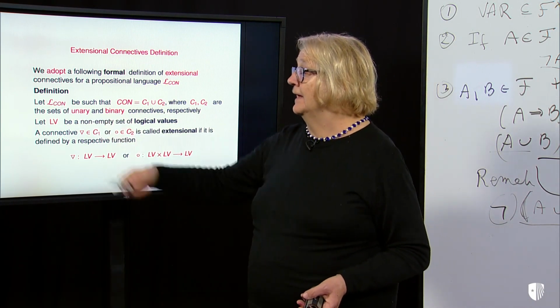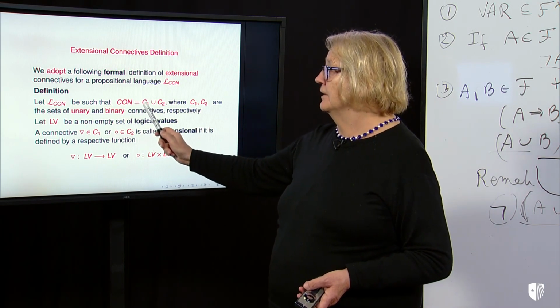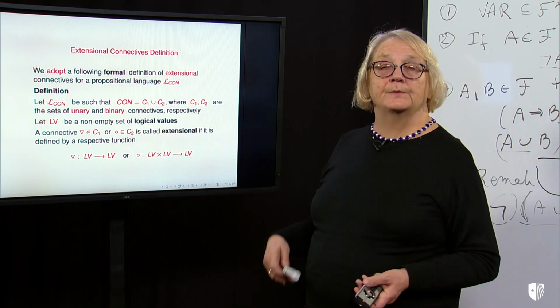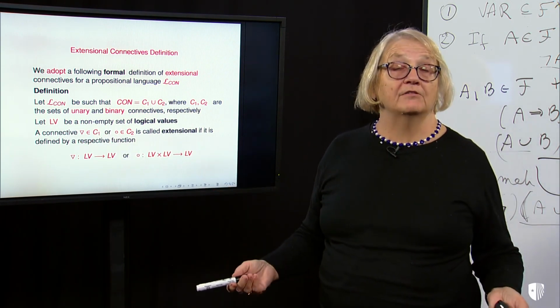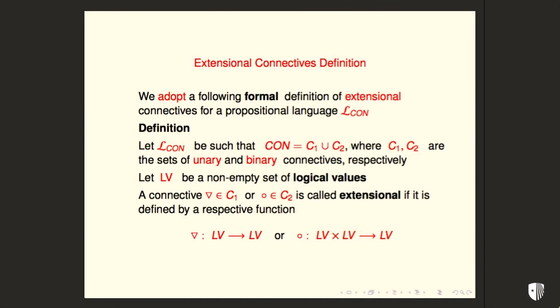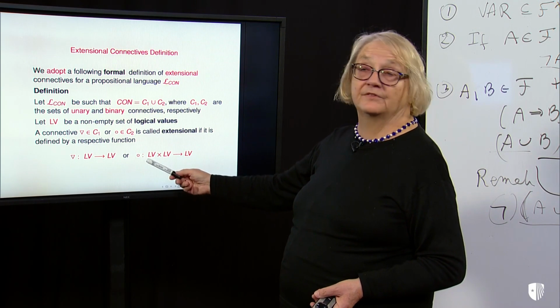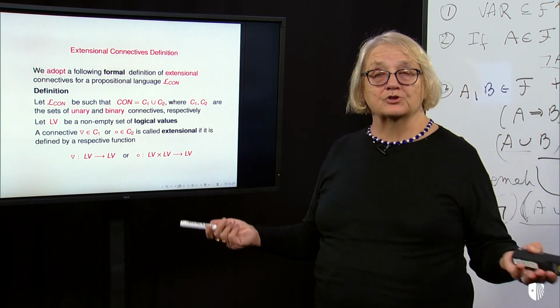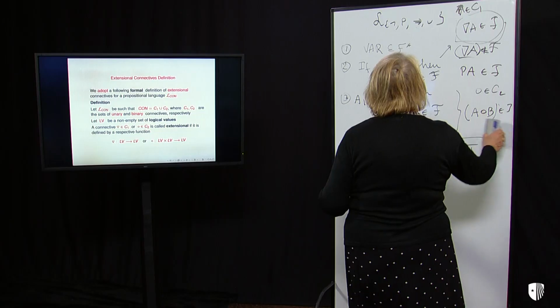If you have a language with unary and binary connectives, and a certain non-empty set of logical values, which can be 2, 3, or infinitely many, then a unary connective is a function from logical values to logical values, and a binary connective is a function which takes two logical values and returns one logical value.